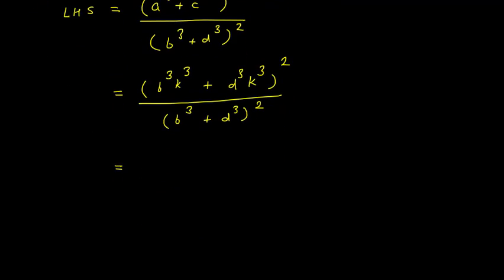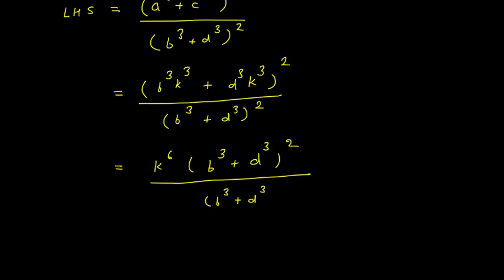So this is equal to, now this K cube I will take common, and here it is the square of this K cube, so it will become K power 6. Now here we have (B cube plus D cube) the whole square, and in the denominator here also we have (B cube plus D cube) the whole square.